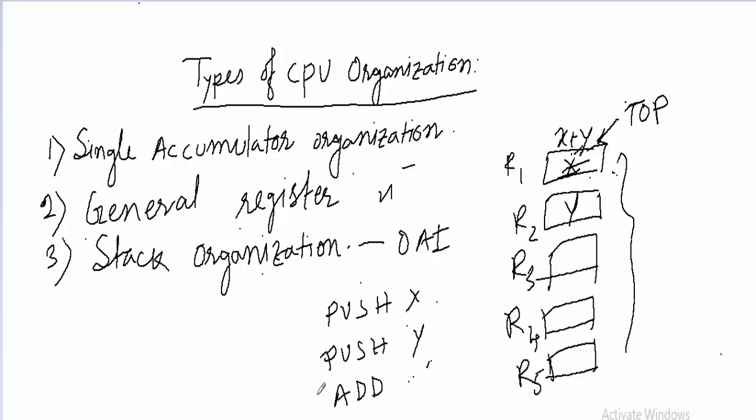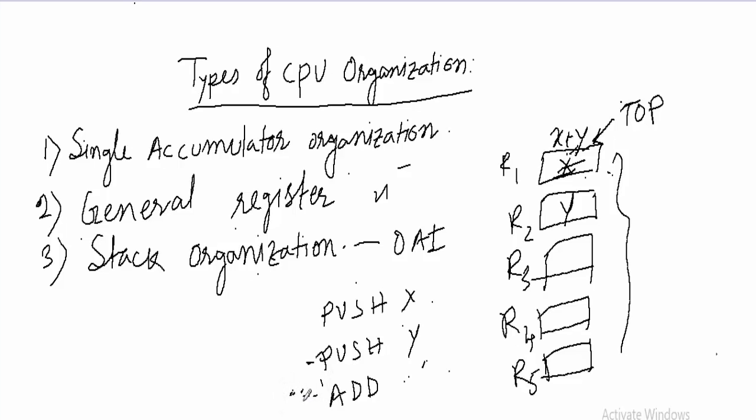Here we can see that add is a zero address instruction, and push and pop are one address instructions. Both of them are one address instructions. These instructions are used to put the operand into the stack or take it out of the stack.